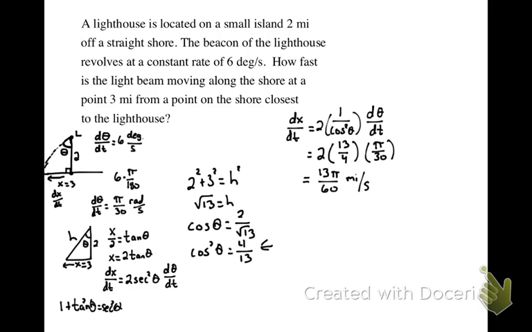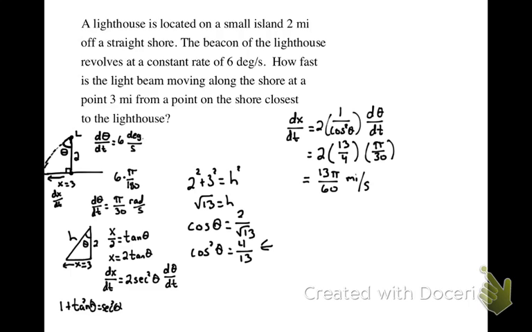So when we solve for the hypotenuse, square root of 13, that's also miles. Pi over 30 is, yep. So there we are.